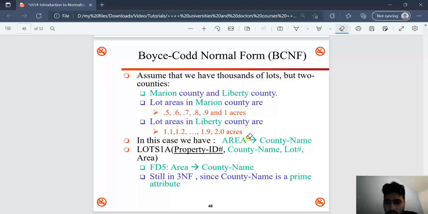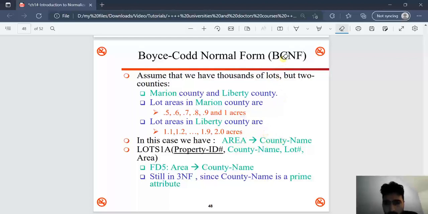3NF rule doesn't care about this type of functional dependency, because we have a non-key or non-prime attribute deriving a prime attribute. So neither 1NF, 2NF, nor 3NF cares about this type of functional dependency, a non-prime attribute deriving a prime attribute.